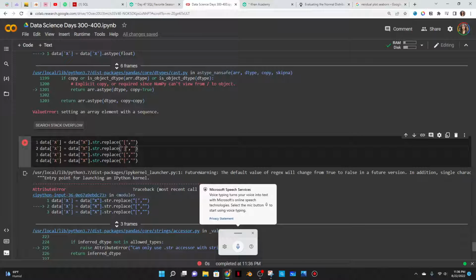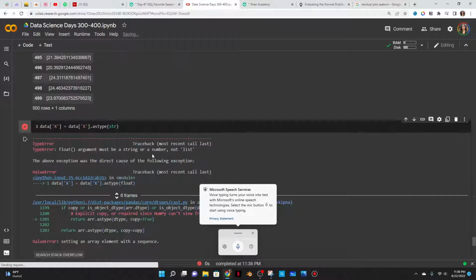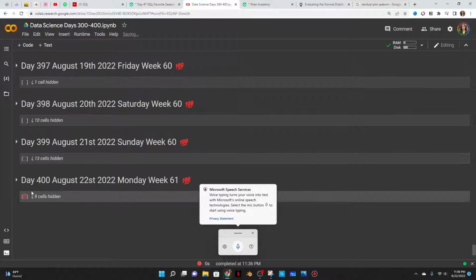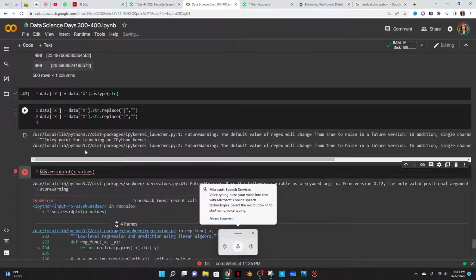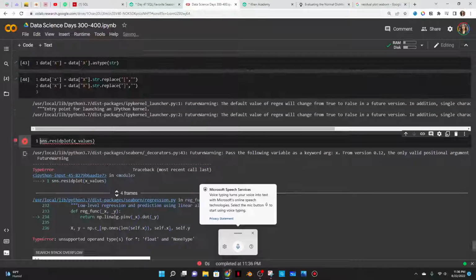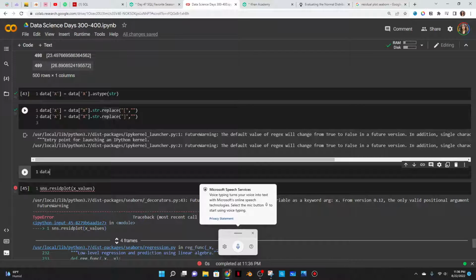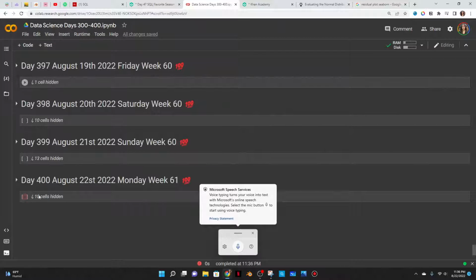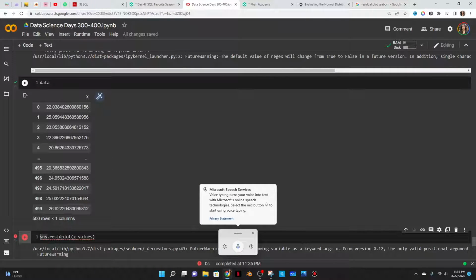So this one here, and then actually I only need two because it's only one. And then I'll just run it from the beginning. Alright, and then this works, and then this still doesn't work. So let me look at the data now. Let me run it from the beginning again. Alright, so now it's numeric data.